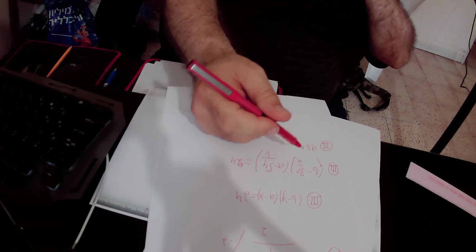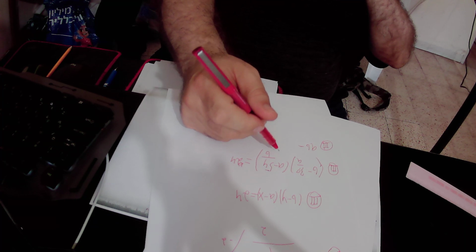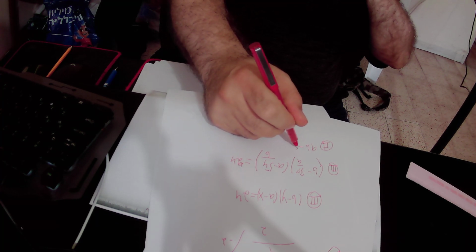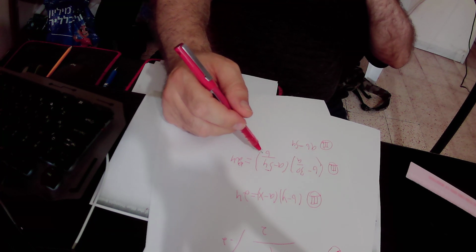B times minus 54 over b will be minus 54, because b divided by b is 1.